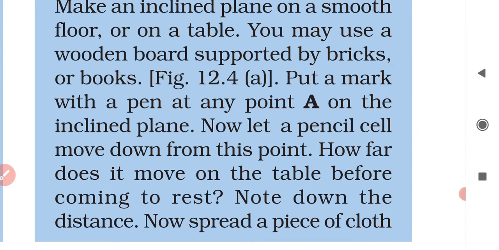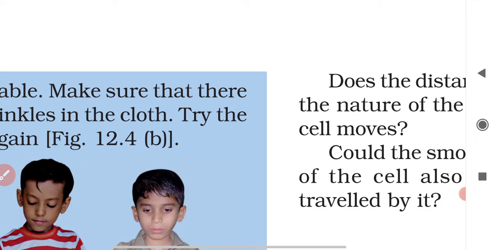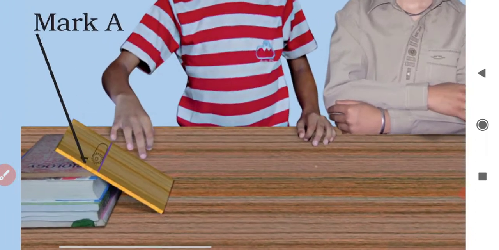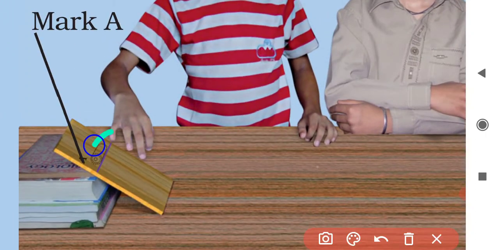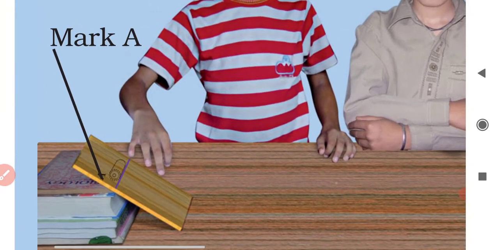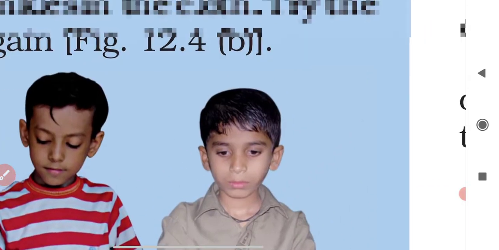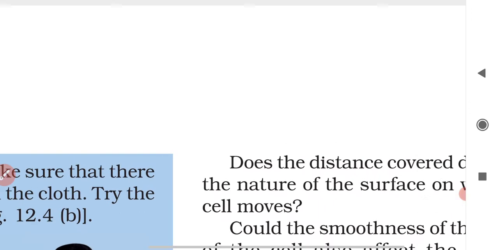Now let a pencil cell move down from this point. See, from this point they have placed a pencil cell, that means a battery, as we say generally. They have placed a pencil cell in this position, and it is allowed to roll.